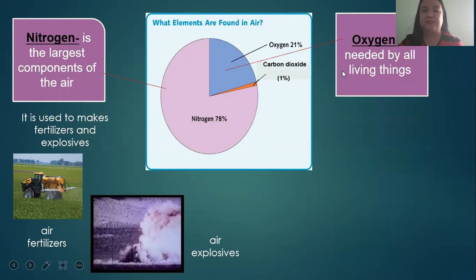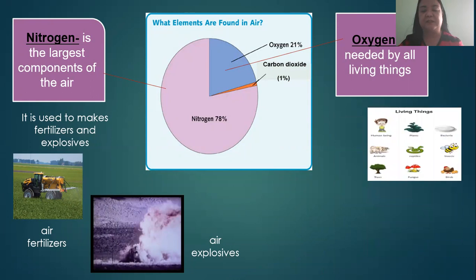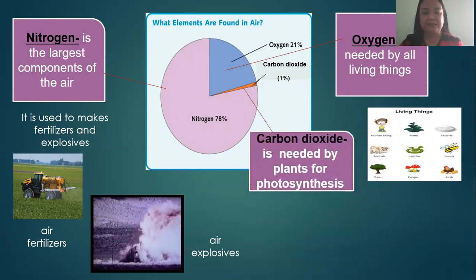Next component is oxygen. What is oxygen? Oxygen is needed by all living things. So all living things including us humans. Humans, plants, and animals. Take a look at this picture. These are the living things that we need oxygen to breathe. And carbon dioxide.